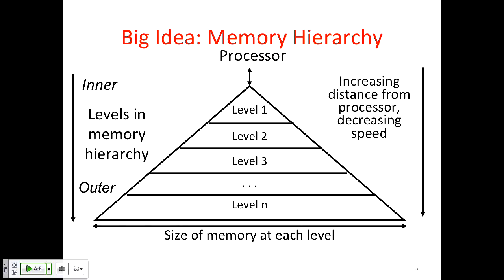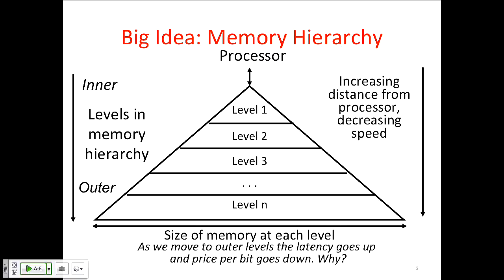If you build a smaller memory, you can be closer to the processor, and you can make it faster. So basically, the further away you are from the processor in terms of time, the bigger the memory can be. The closer in you are, the faster it can be. And we're going to take advantage of that by having multiple levels where the inner levels are small but very fast, and the outer levels are big, but as a result, extremely slow.